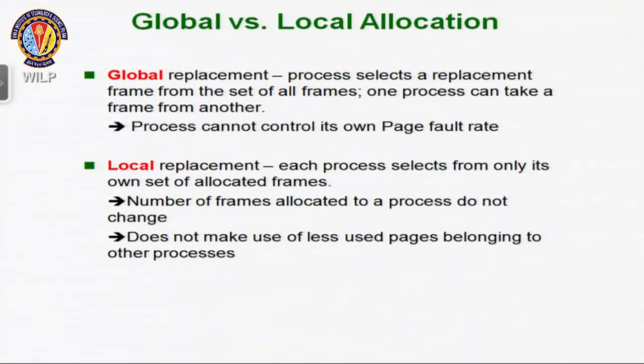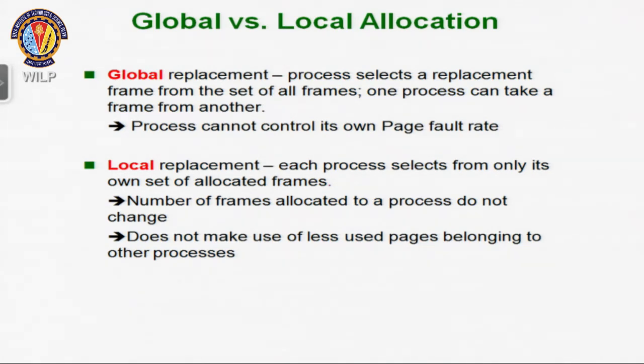So in the previous scheme, because we said that the replacement is going to be based on priority, a lower priority process would become a victim and its frames are going to be taken.